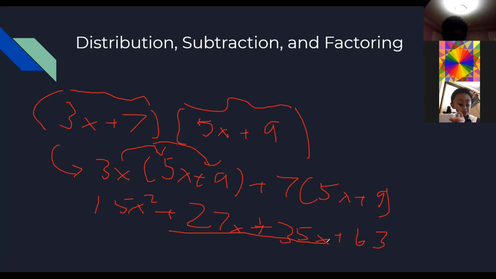Now we have to combine like terms, of which there is only x, so 15x squared plus 27x plus 35x is 62x, plus 63.